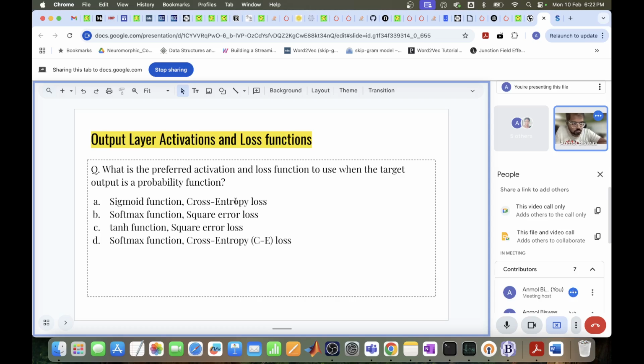The question is just asking what is the best choice that you can make. I'll give some time for you to work it out, and you can share your answer in the chat, and in a couple of minutes I will discuss the solution.